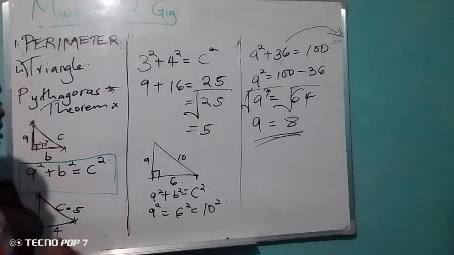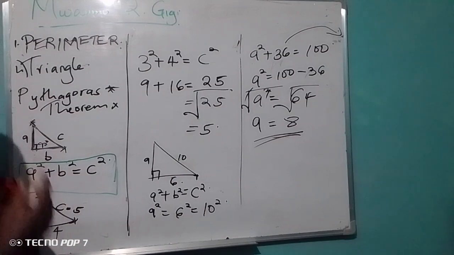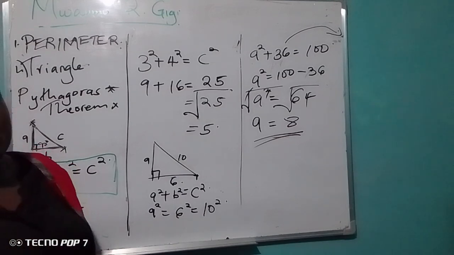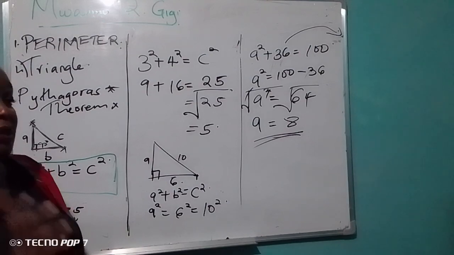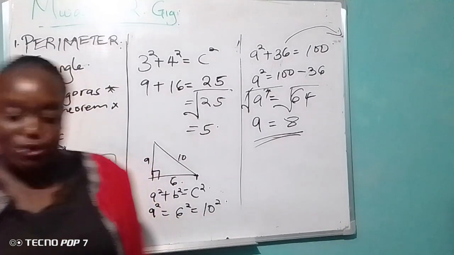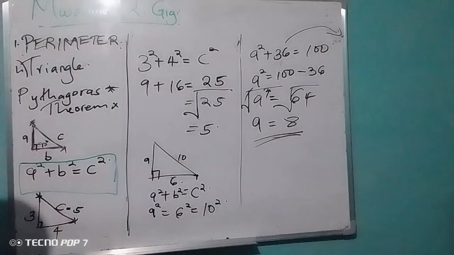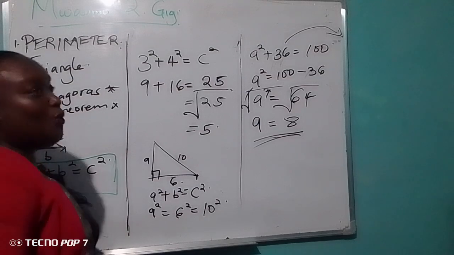So the Pythagoras theorem is applied in any right-angled triangle to find either of the sides. It states that a squared plus b squared is equals to c squared. So with that all said, we want now to go to the most complicated part of mensuration, is area. It's not most complicated, but iko complicated kiasi.